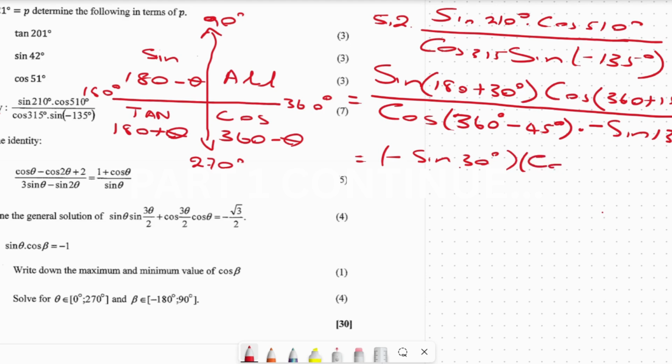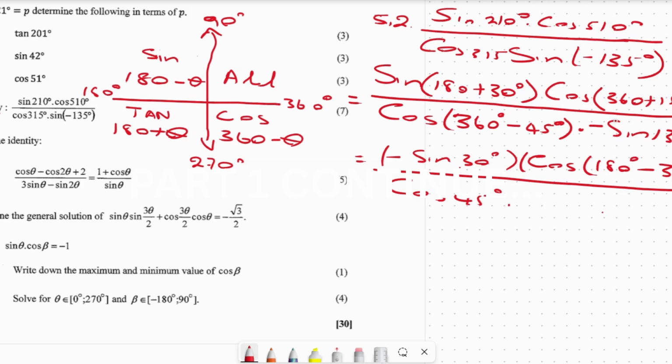So this will be positive cos, but 150 now I'm going to break into 180 minus 30. That's going to still give me 150. Then cos 315 is 360 minus 45, the fourth quadrant. Cos is positive in that quadrant.